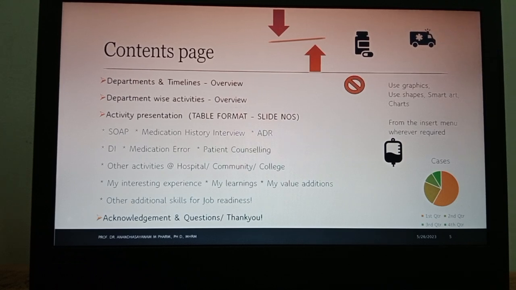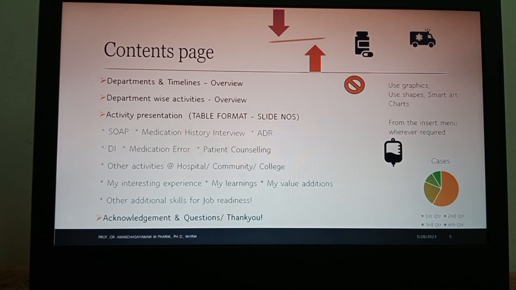So you can put more graphics into it. It need not be a regular presentation with just one heading and one body part where you are discussing all your cases. No, it can be a very spicy and interesting presentation by putting all these things into it.